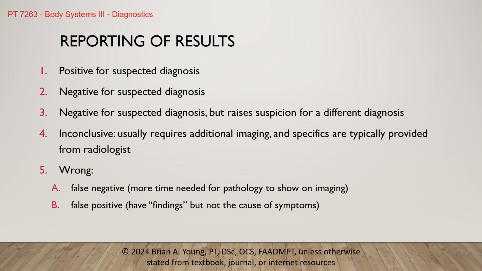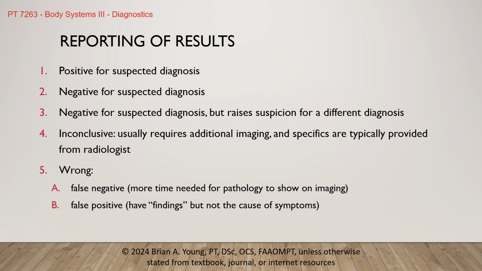Third, your suspected diagnosis isn't present, but maybe there's something else here. And number four, there are times it could be inconclusive. You know what, we can't tell everything off of this, we need to get additional imaging. And the radiologist will usually tell you or recommend what else to get based upon your continued clinical exam.